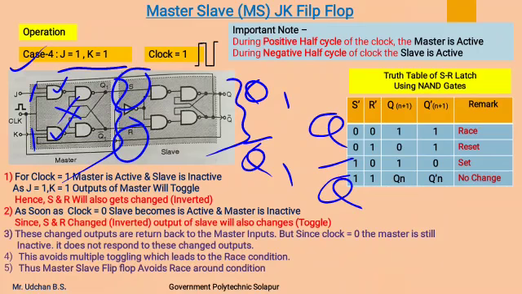It does not respond to these changed outputs, which avoids multiple toggling, which leads to the race around condition. Since the master is inactive, Q1 and Q1 complement will not change, so S and R will not change. That means Q and Q complement will not change. We get a stable output. Thus the master slave flip-flop avoids the race around condition using this circuitry arrangement.